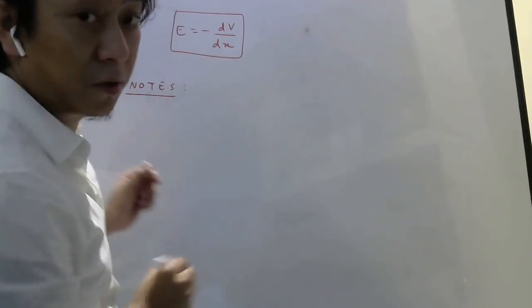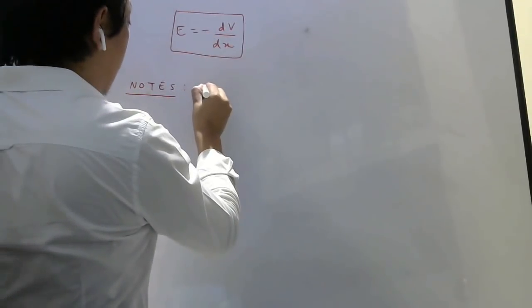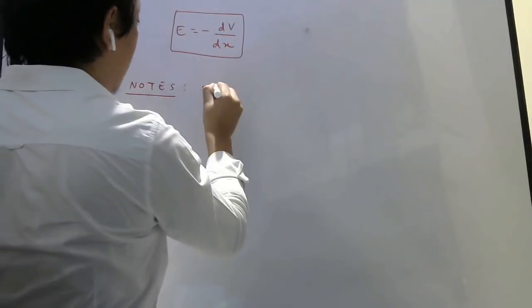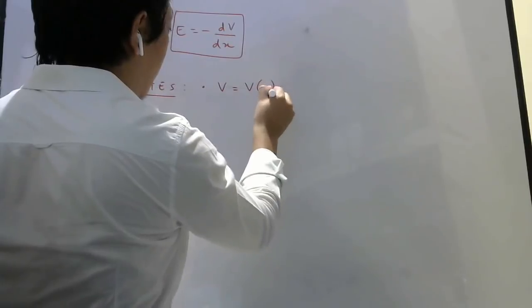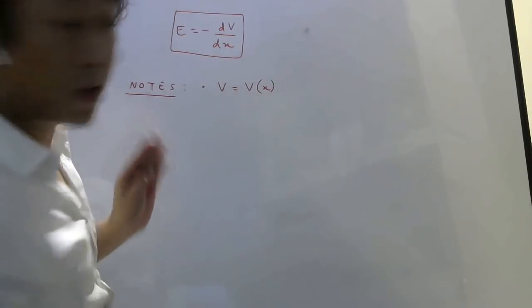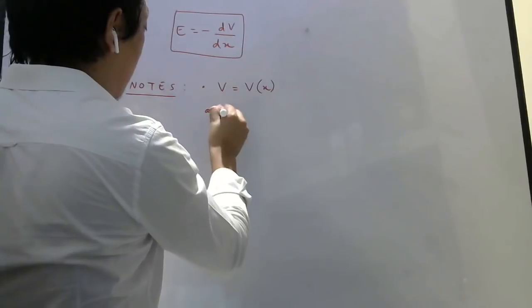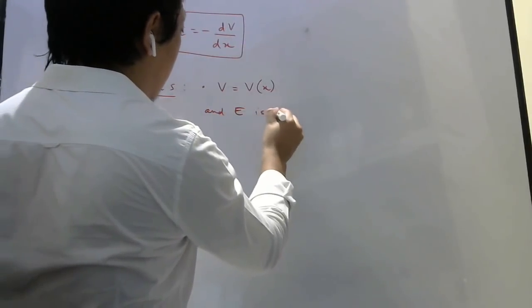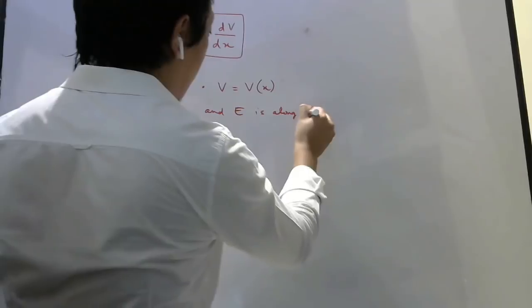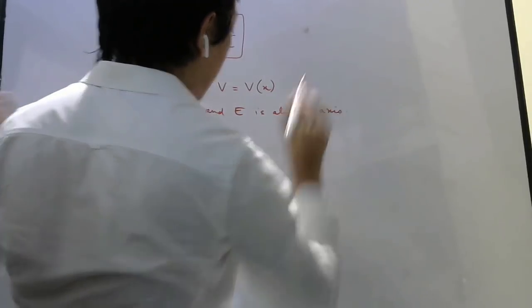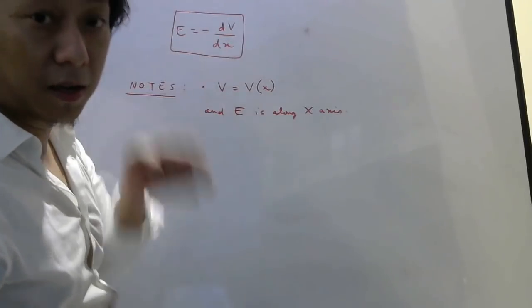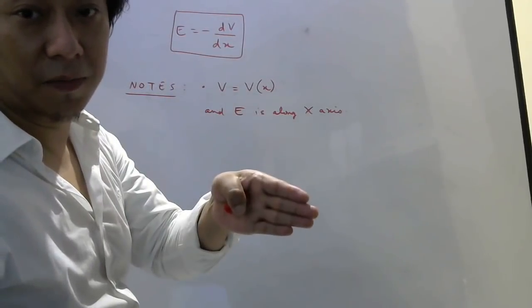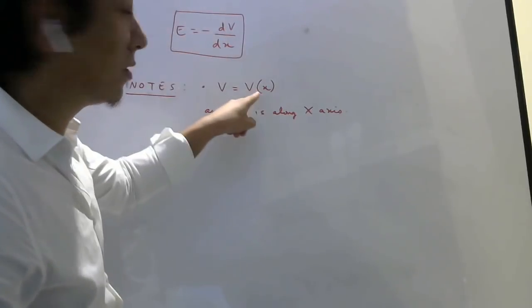First point, when we write this formula, it means V is a function of only x, and electric field is along x-axis. So this is true for electric field along x-axis, and your potential is a function of x.